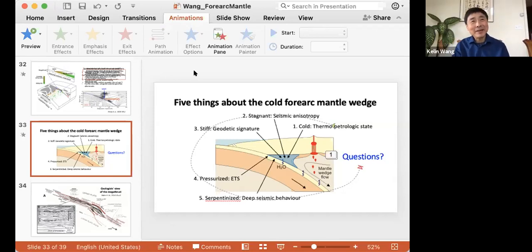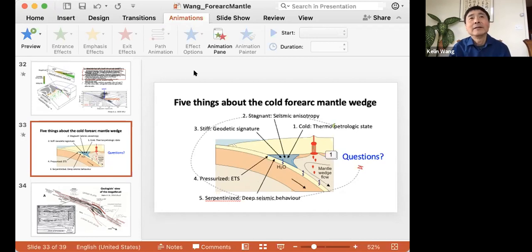But it can be complicated. I think you're mostly thinking about the effect of the mantle wedge on topography, especially when you have hydrous minerals. Hydrous minerals, when they form, they expand, right? They reduce density. But globally, we really do not see a high topography right above the forearc mantle wedge.